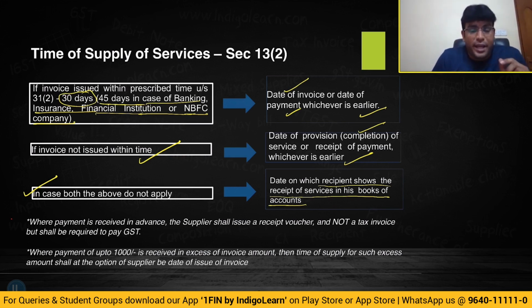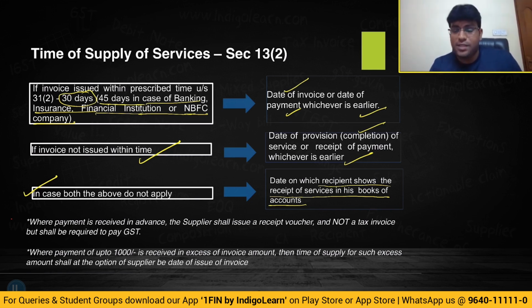So if invoice is issued within time, date of invoice or date of payment, whichever is earlier; if not within time, date of completion of service or date of payment, whichever is earlier. And in case both do not apply, then the date on which the recipient shows receipt of service in books of account becomes time of supply.